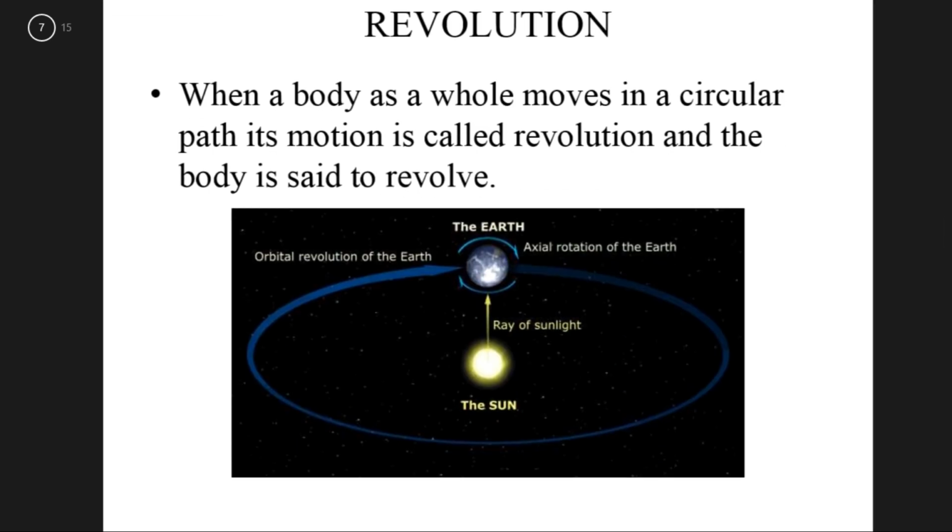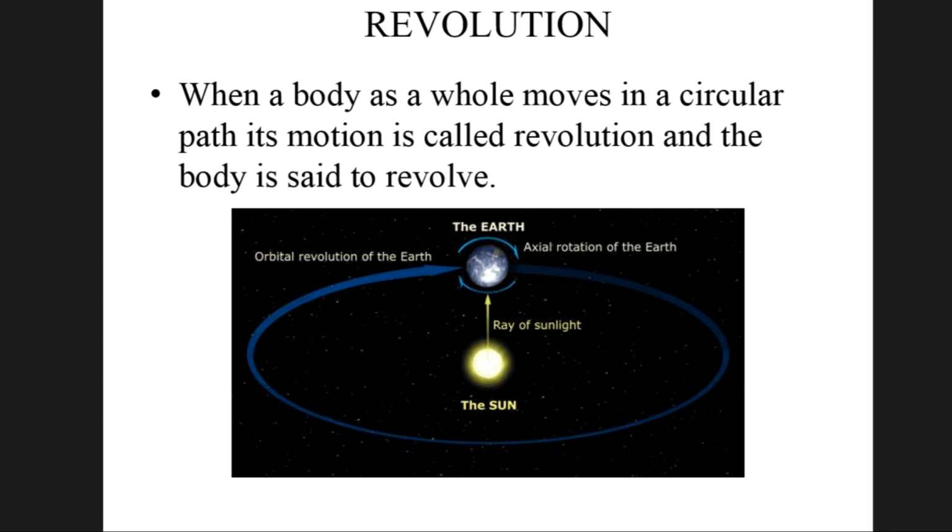Revolution means when an object is revolving around another object that is in its center. Like the sun is in the center around which the earth is revolving. The earth completes one revolution in 365 days. That is called one revolution of the earth.